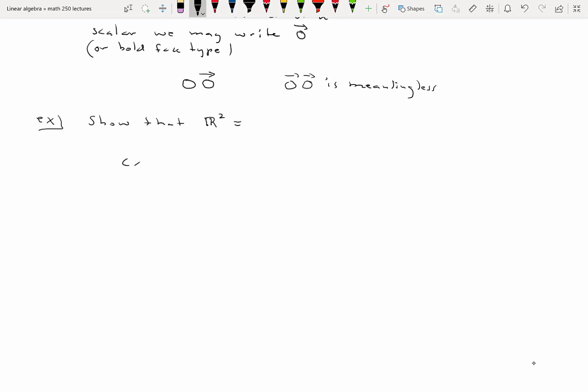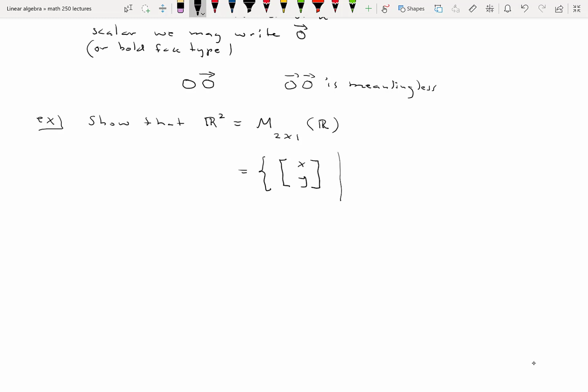But we're going to define it so it looks a little differently at first. R2 for you right now means the set of all ordered pairs x and y. Well, we're going to change this up a little bit. You can still interpret it as the xy plane, but it is the set of all 2 by 1 matrices with real entries. If you forgot about that M notation, this means this is the set of all column vectors xy.